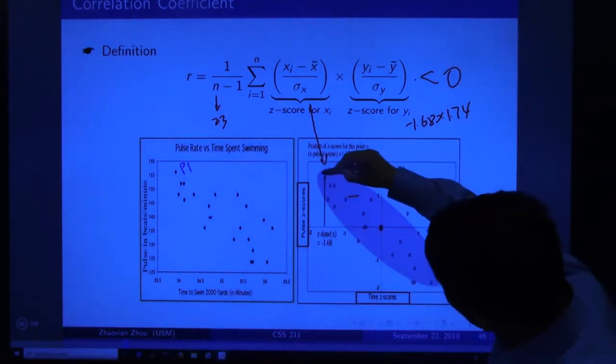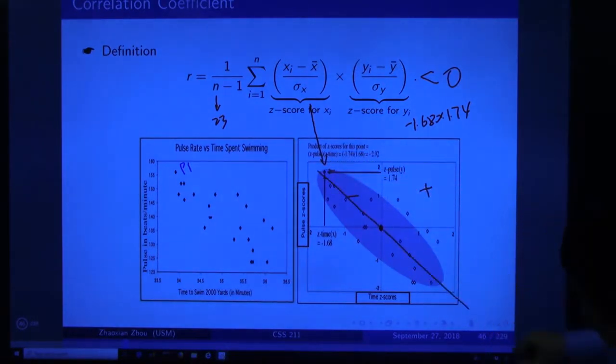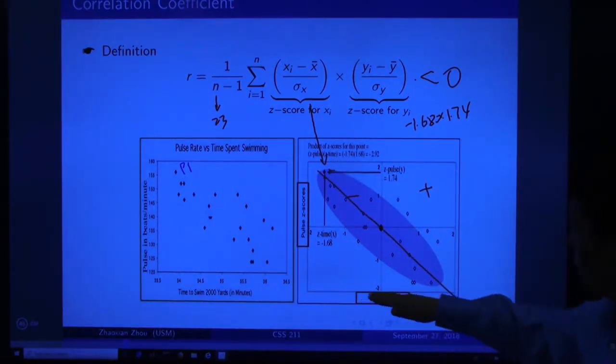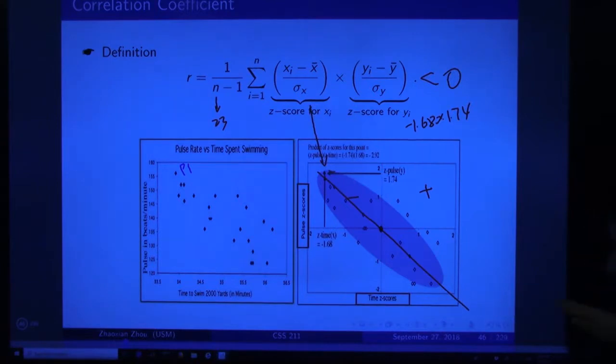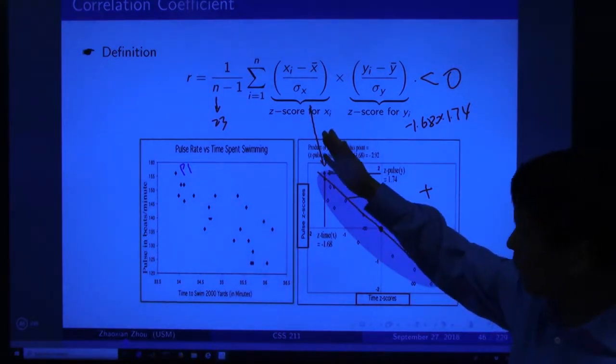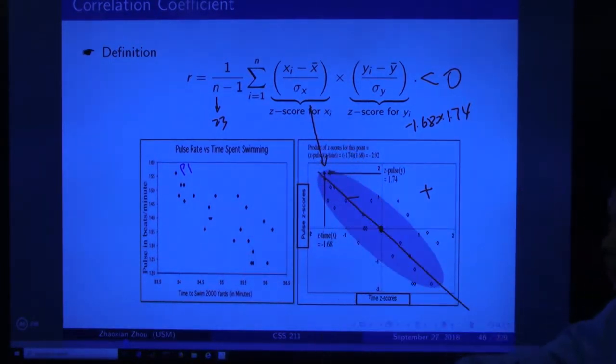We can see the line may look like this. So as x increases in this direction, the corresponding y decreases in this direction. That's why it's called negatively correlated. So this is the concept of the correlation coefficient.